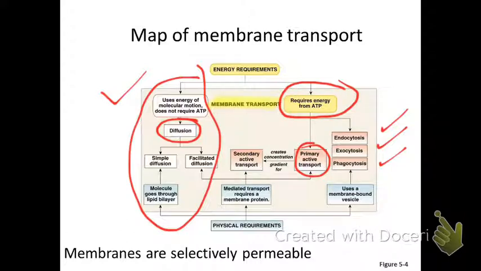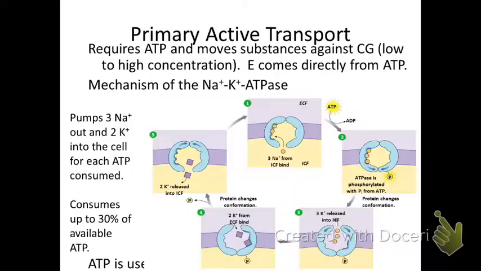Just remember that we need energy to move these molecules to places where they are in a chemical imbalance. So just to get a picture on active transport, whenever you see an active transport mechanism, you will always see ATP somewhere in the picture. So ATP is being spent.